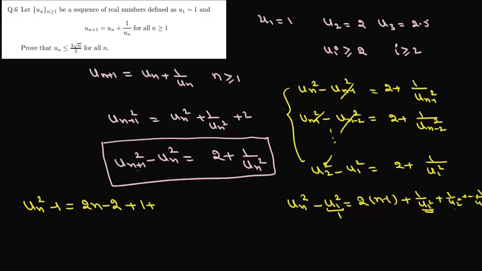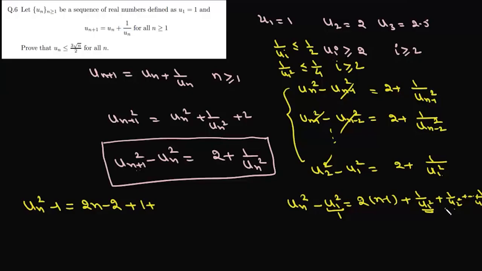this U2 square, U3 square and U(n-1) square, we know that any Ui is greater than or equal to 2 when i is greater than or equal to 2. So 1 upon Ui will be less than or equal to 1 upon 2, or 1 upon Ui square will be less than or equal to 1 by 4 for any i greater than or equal to 2.